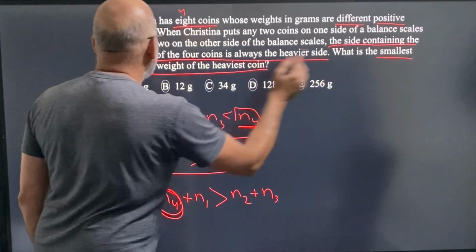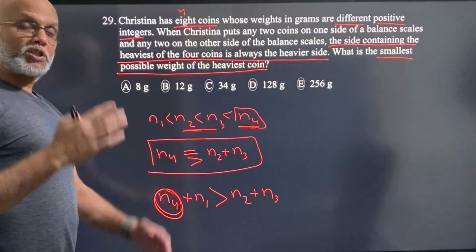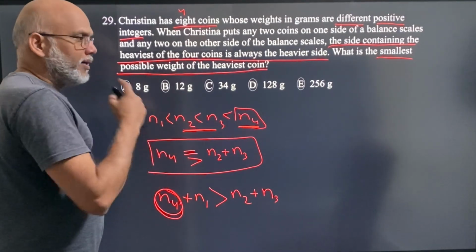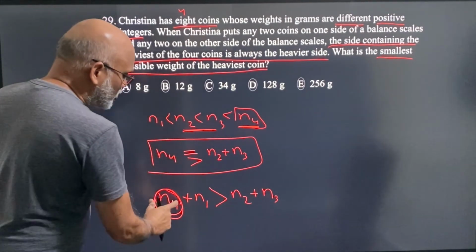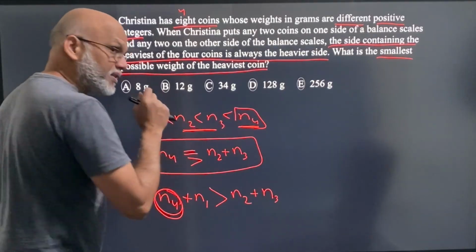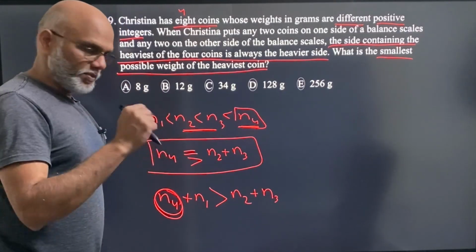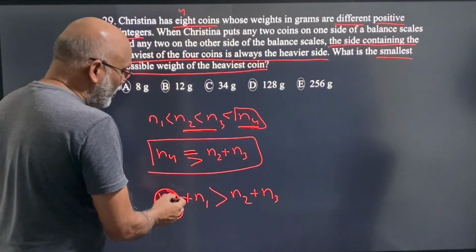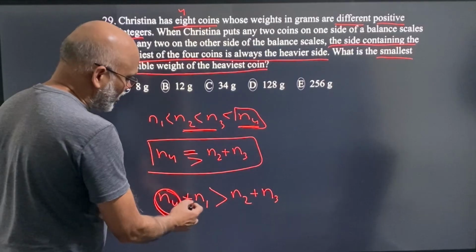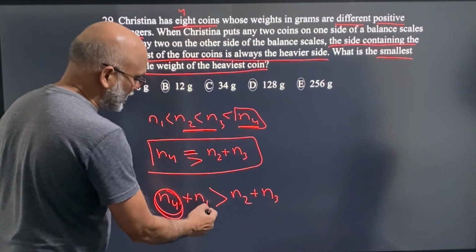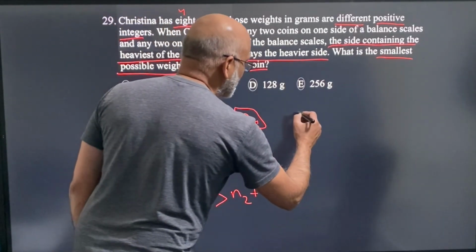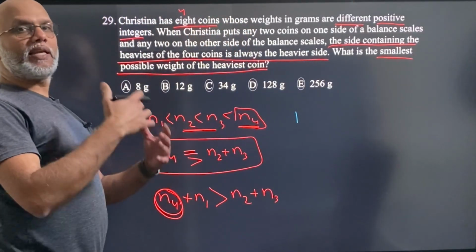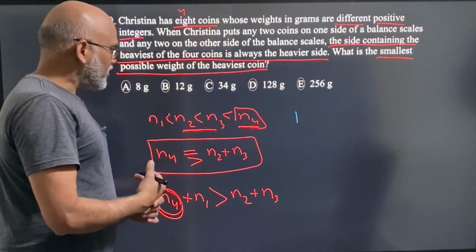We want the smallest possible weight of the heaviest coin, smallest possible, right? Okay, then so I want to, so let's find the first 4. Now I want to add the heaviest with the smallest possible positive integer. So is it fair to say that n1 is going to be 1, that is the smallest positive integer, right?